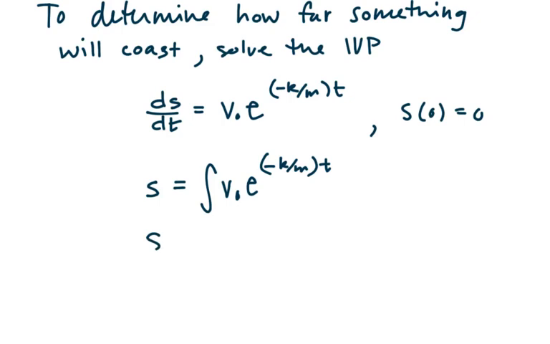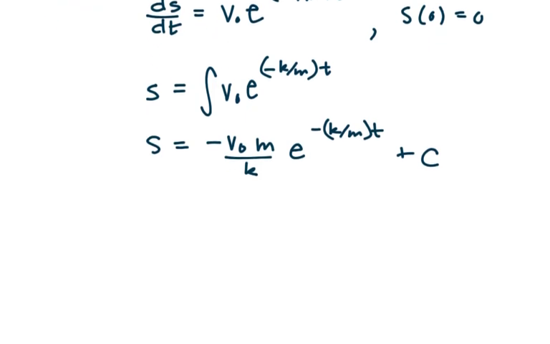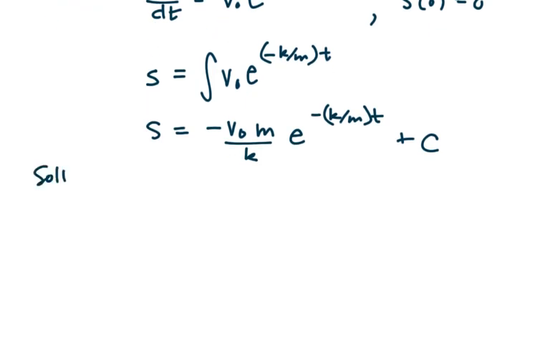And that integration is going to be negative v sub 0 m over k e to the negative k over m t plus c. So to solve the initial value problem, we let that be equal to 0, and we plug in 0 for t.